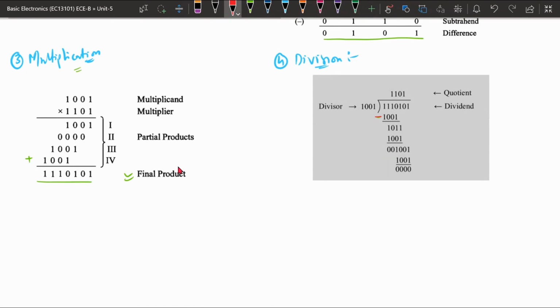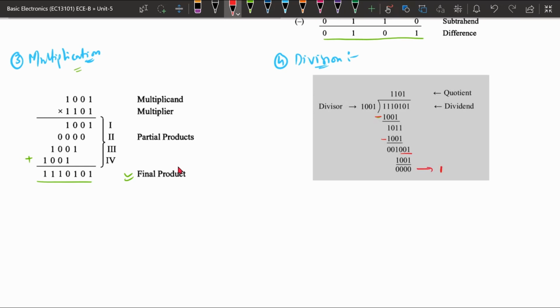So 1 time it will again go, and there we will again do the subtraction. 1 0 will be remaining, so to further divide we need to take 0 times, and 01 will be placed here. Now we will go with 1 time again, and this is the remainder coming out to be 0.